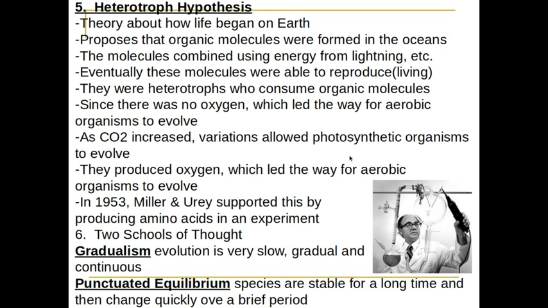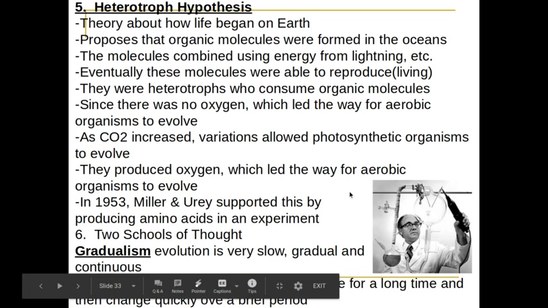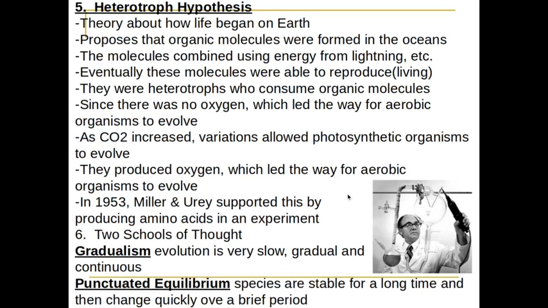That led the way for aerobic organisms to evolve. In 1953, there was a groundbreaking experiment, the Miller and Urey experiment, that was able to show that amino acids could be produced in an environment with nothing organic in it.